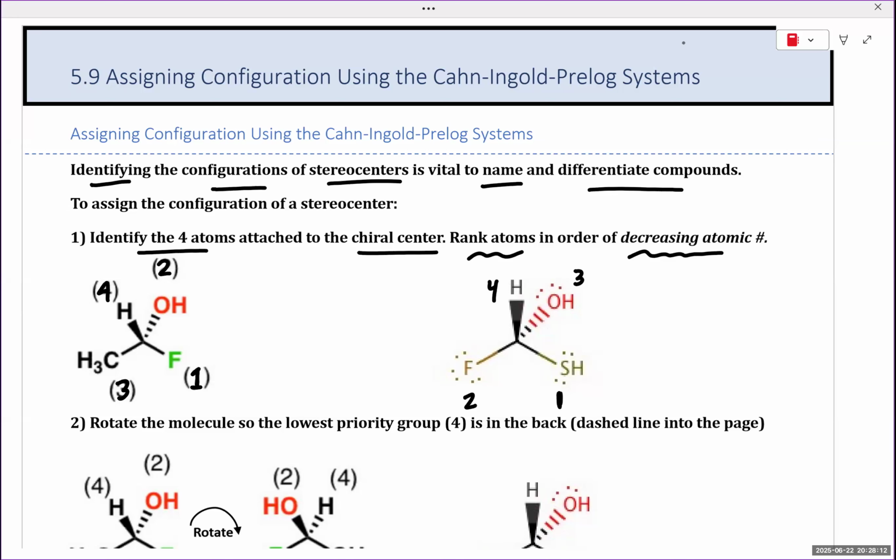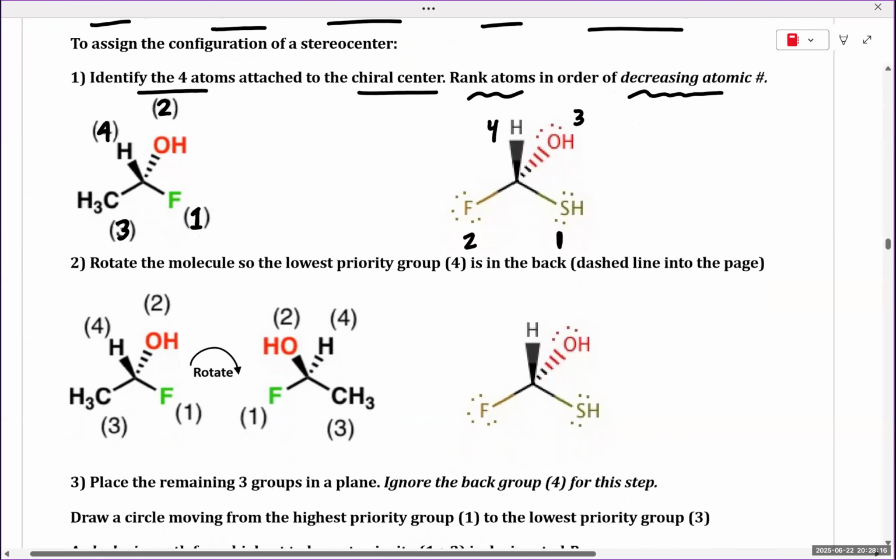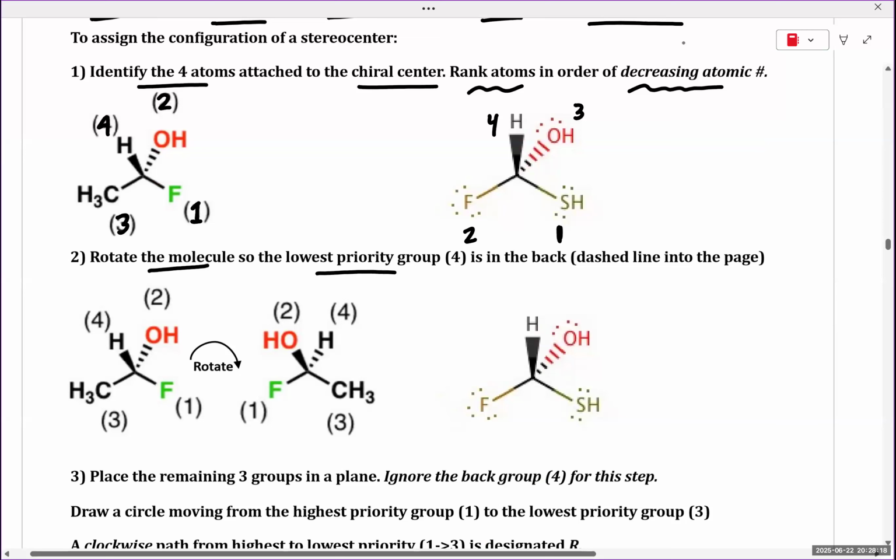Once we've ranked our atoms in order of priority, you're going to rotate your molecule so the lowest priority group is in the back. So in this case, if you rotate your molecule 180 degrees, we can move this lowest priority hydrogen to the back.